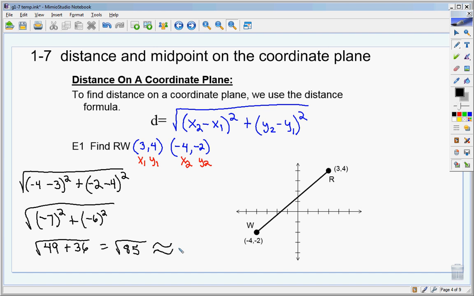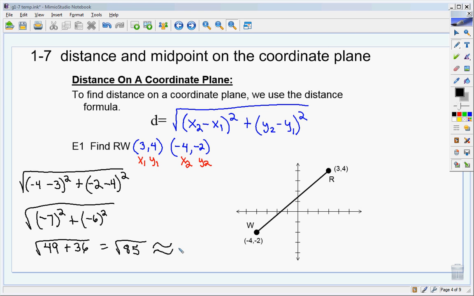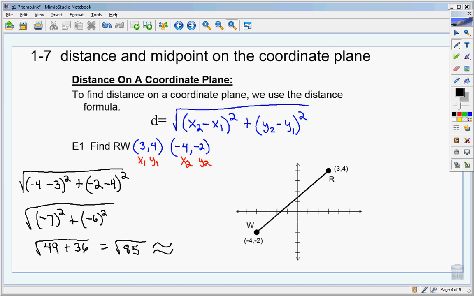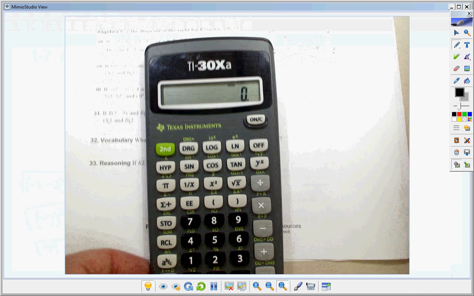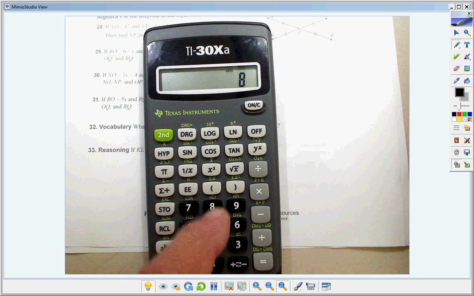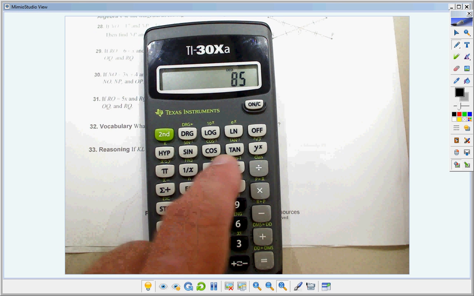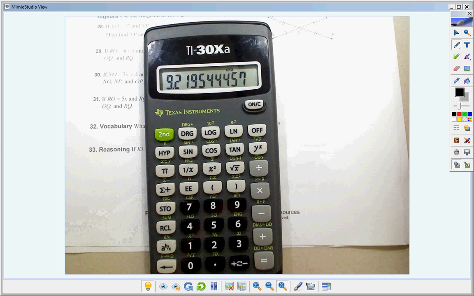Why would I put a wavy equal sign here? It's approximately equal to. I'm going to put in 85, hit square root, and you can see that it comes up to 9.21954, whatever.